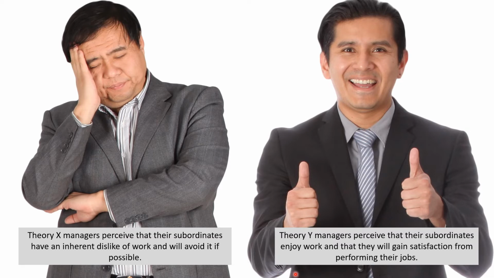So it is very contrary to X. X perceives that the employee, the subordinate, doesn't like to do work, but Y perceives that the employees would love to do work. They enjoy doing the work. They're always looking for opportunities, their chances to get more work to be done. They really love performing the task. So of course, there will be a difference between these two types of people, the X and also the Y.